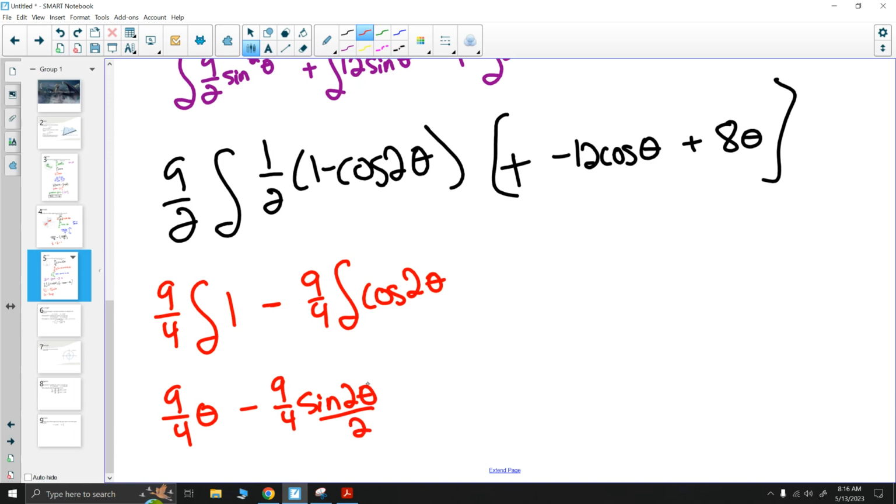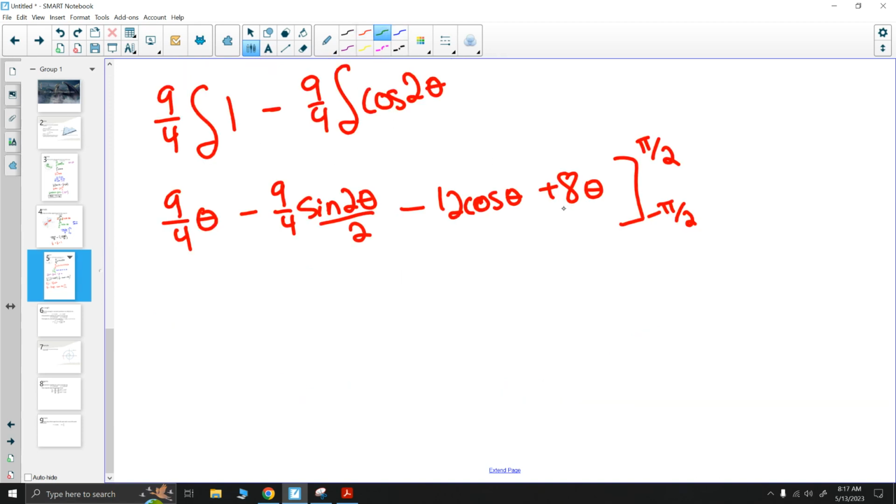Again, it's another one of those u sub situations. And then this is going to be minus 12 cosine theta plus 8 theta. And we're taking this from pi halves to negative pi halves.